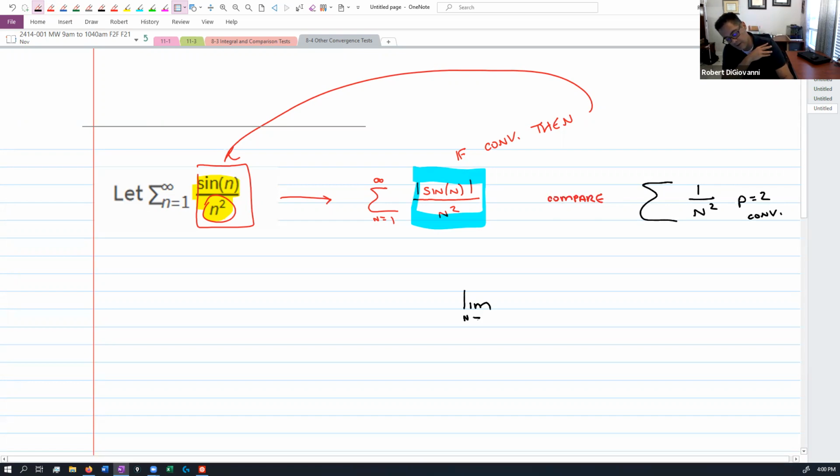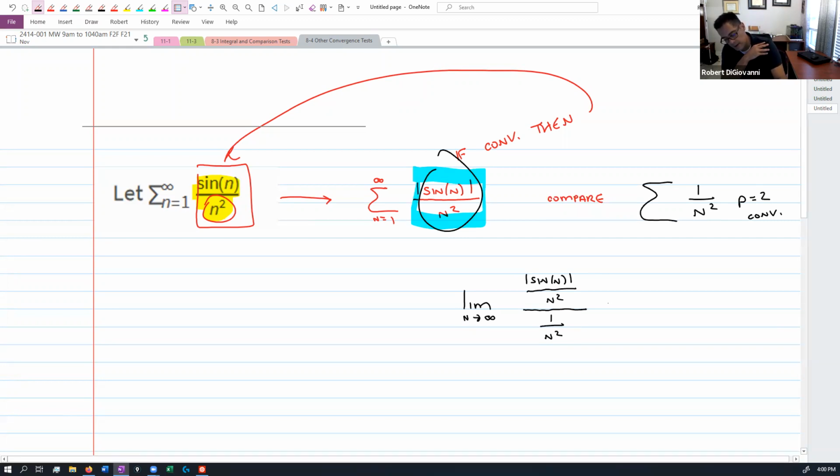So I'm going to do the limit as n goes to infinity of the absolute value of sine n over n squared, over 1 over n squared. And what happens here? This isn't going to work.